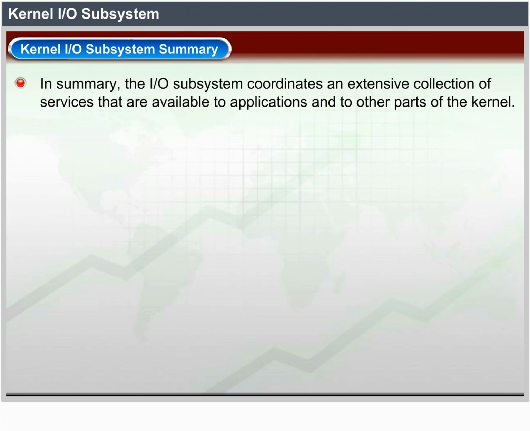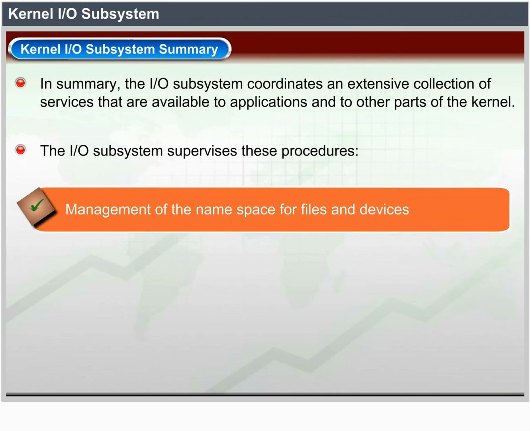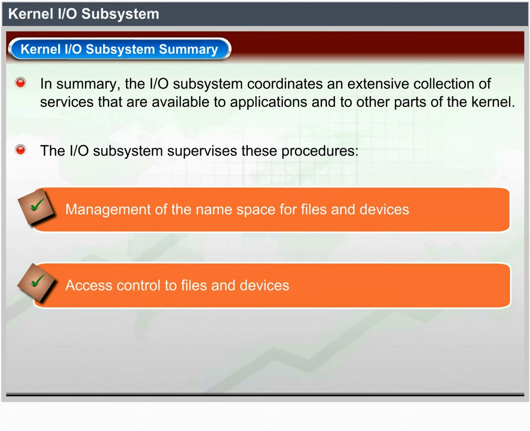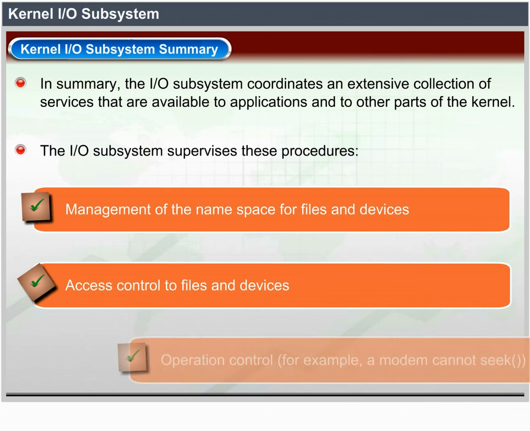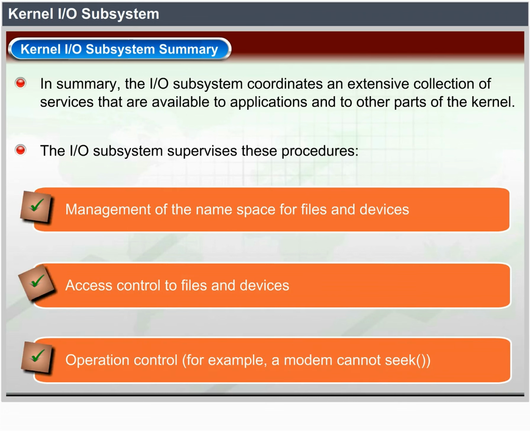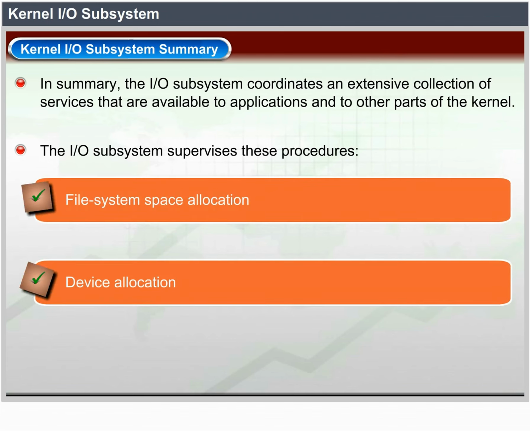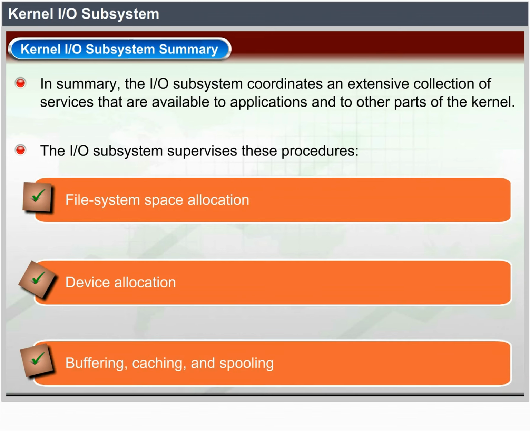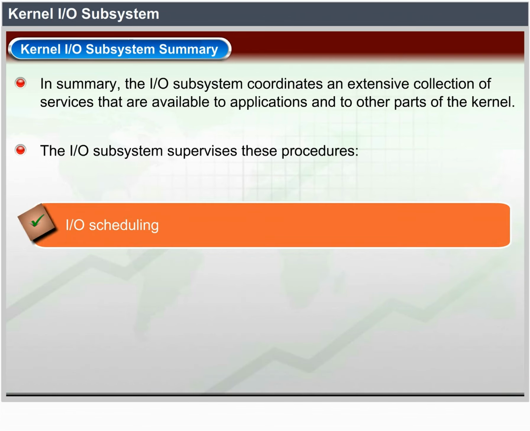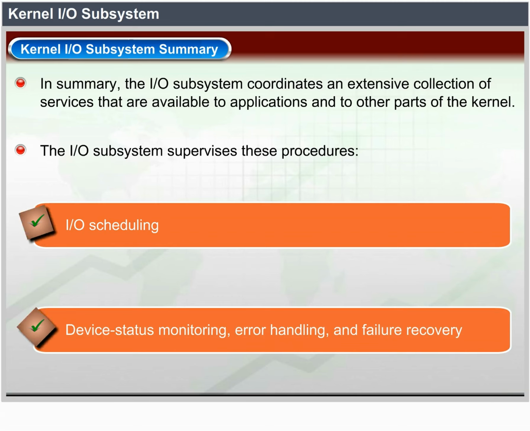The input-output subsystem supervises these procedures: management of the namespace for files and devices, access control to files and devices, operation control, for example, a modem cannot seek, file system space allocation, device allocation, buffering, caching and spooling, input-output scheduling, device status monitoring, error handling and failure recovery, device driver configuration and initialization.